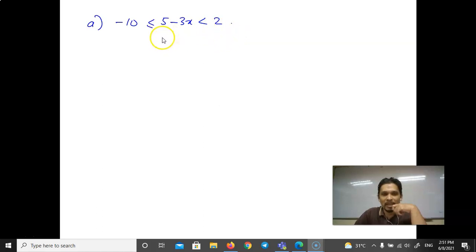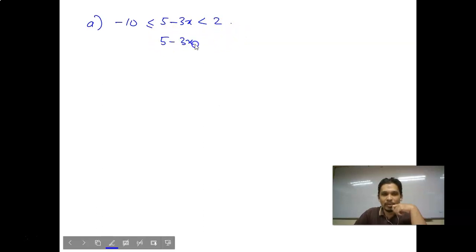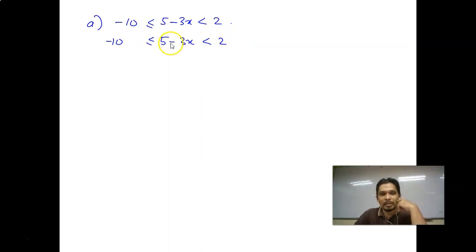For example, 5 minus 3x between negative 10 and 2. We add negative 5 to everything. Why?